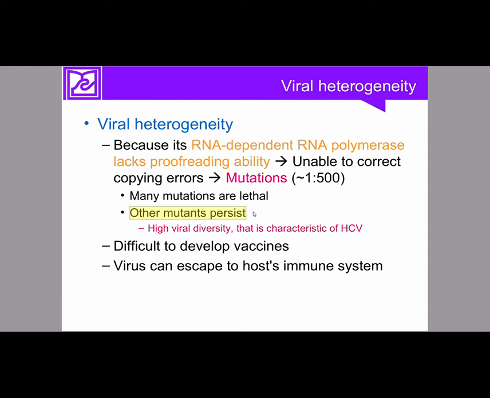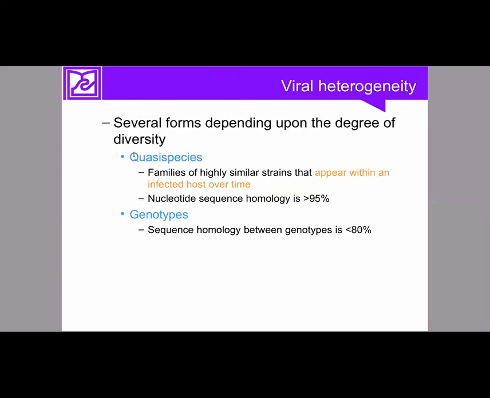I mean, when one patient is infected by hepatitis C virus, after several weeks, because of these mutations, different strains of the virus may be living inside this patient because of these mistakes. These different strains are called quasi-species.